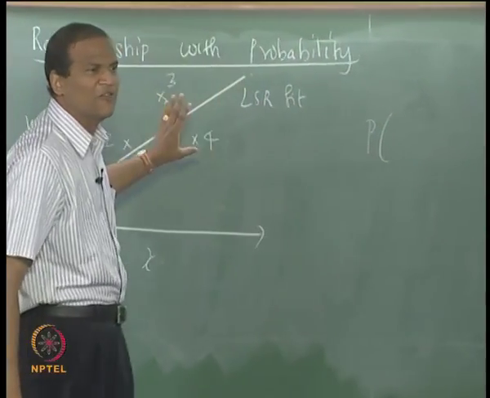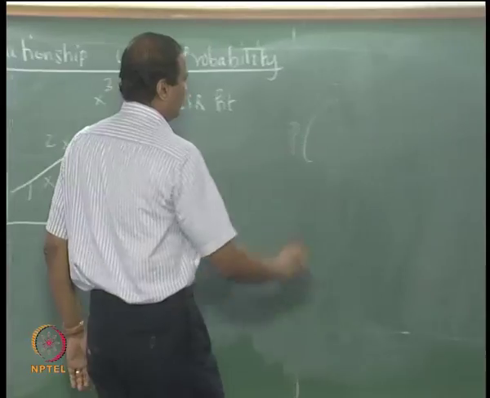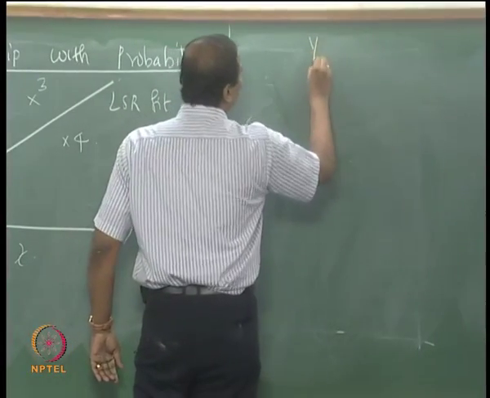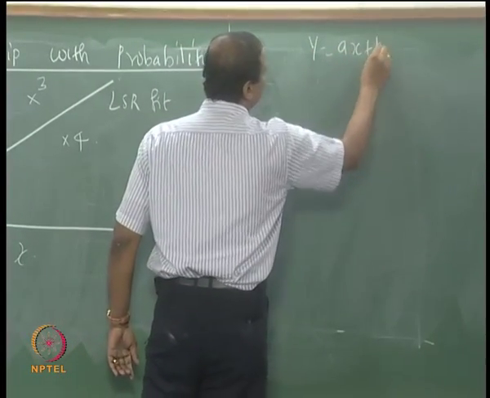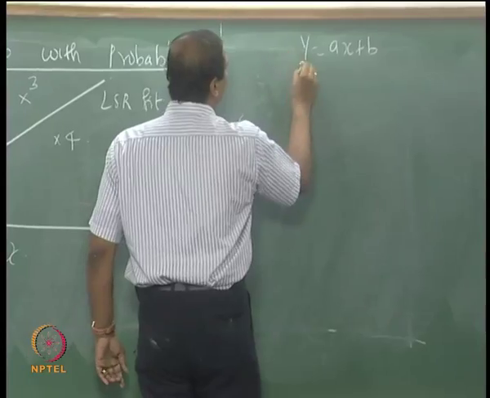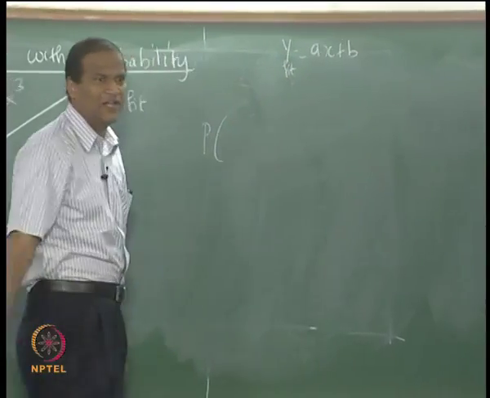Assuming that the distribution of errors is Gaussian, and I am saying that y equals ax plus b, this is basically y fit, y fit is equal to ax plus b.